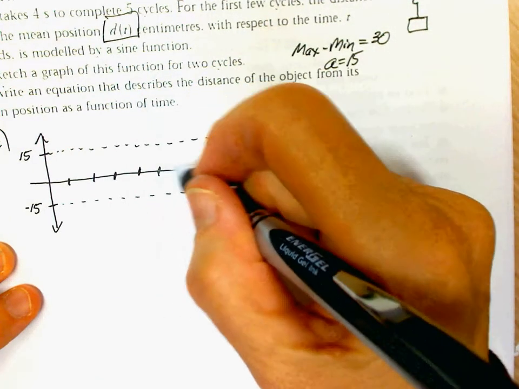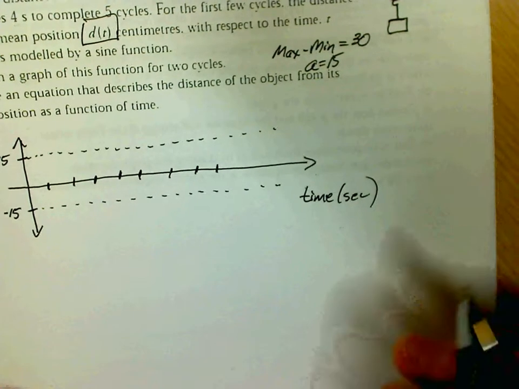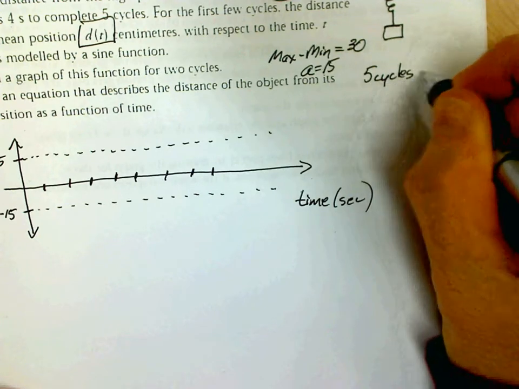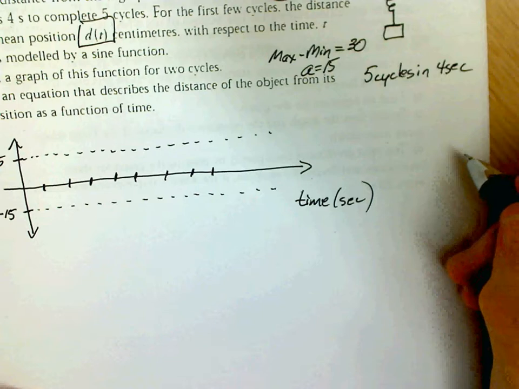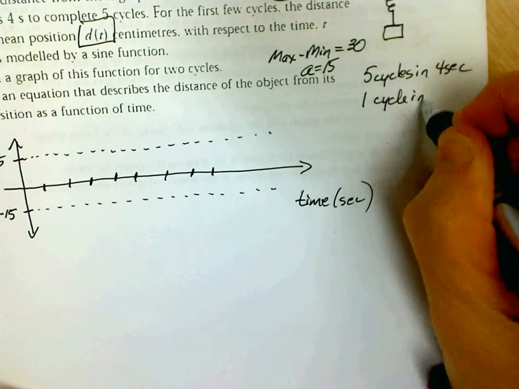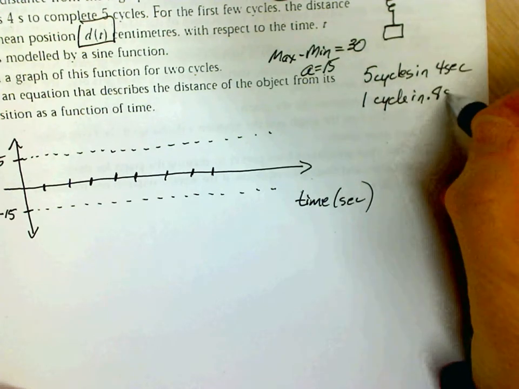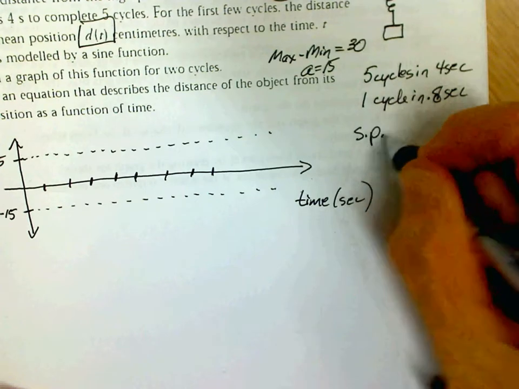Okay. So they tell us 5 cycles in 4 seconds, right? So that means 1 cycle in 4 divided by 5, which is 0.8 seconds. So special points occur every period divided by 4.